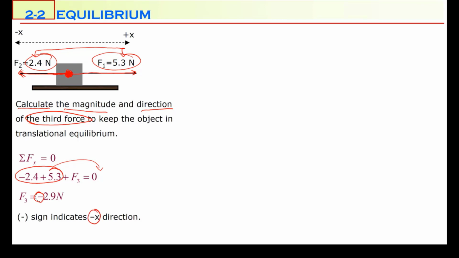So there will be a third force in the negative x direction, whose magnitude is 2.9 Newton, and a third force in the negative x direction, whose magnitude is 2.9, will make this system be in equilibrium. Let's draw it now. I will draw with a different color. Yes, F3 must be in that direction. Magnitude of F3 must be how much?